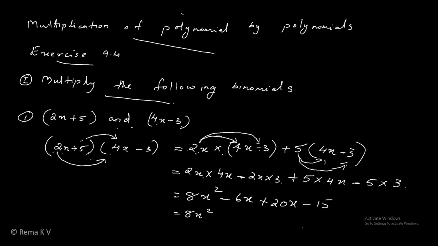So 20 minus 6 is 14 and the bigger number is 20, which is positive. So we can write this as plus 14x minus 15. No other like terms here. So the answer is 8x square plus 14x minus 15. Is it clear?